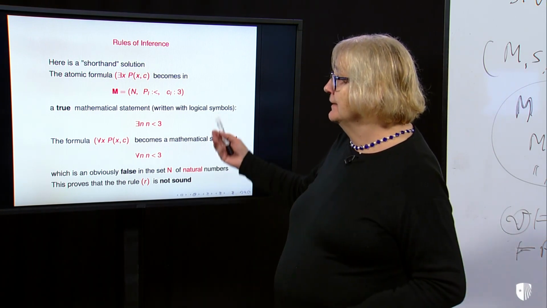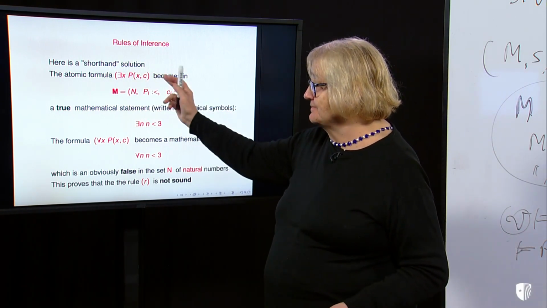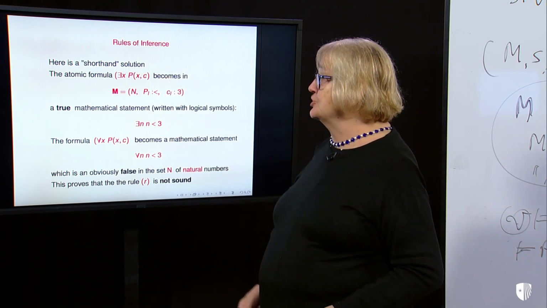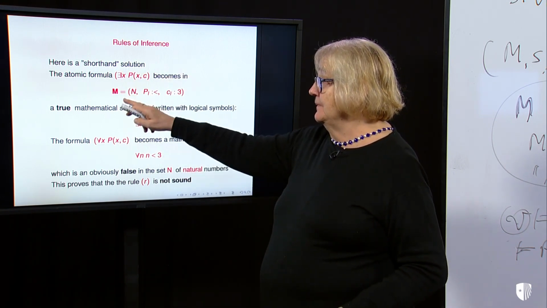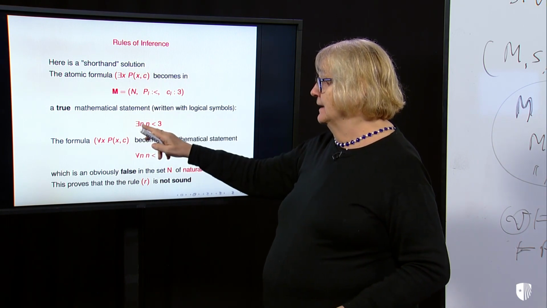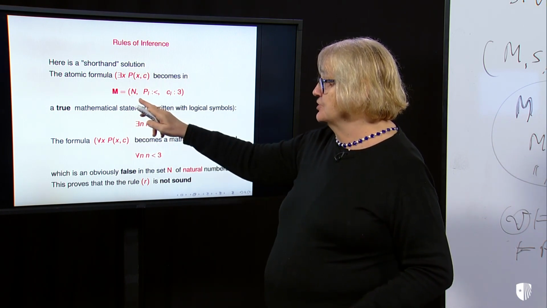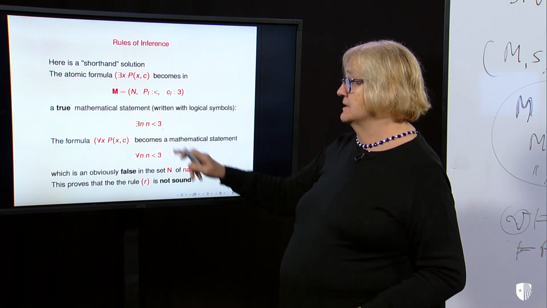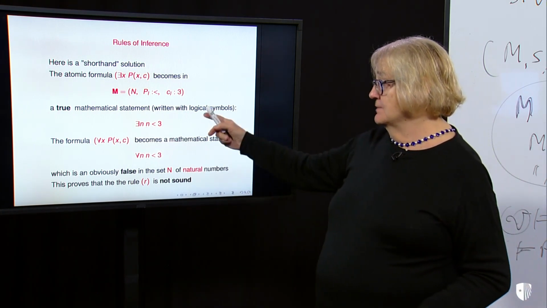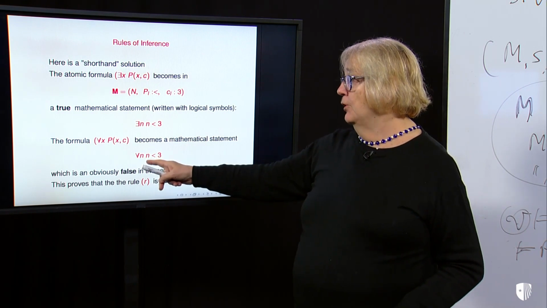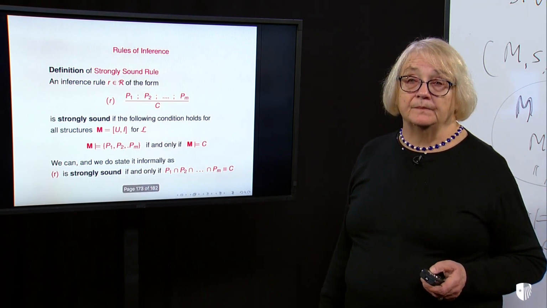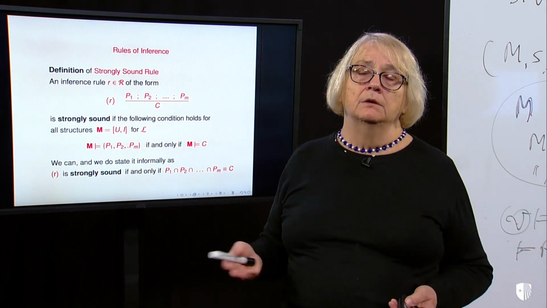For the countermodel, a shorthand solution: you take the structure of natural numbers with n less than 3, where there exists n less than 3 holds, but for all n it is a false statement, so the rule is not sound.